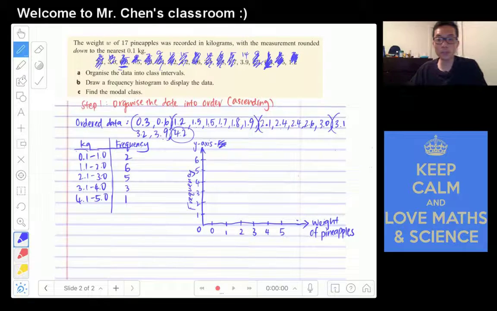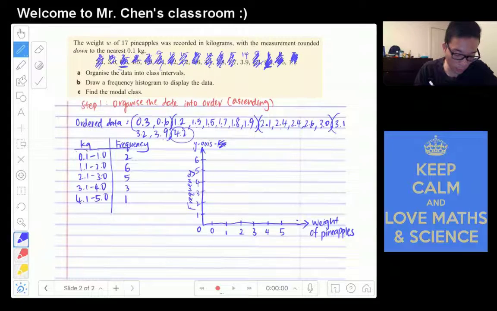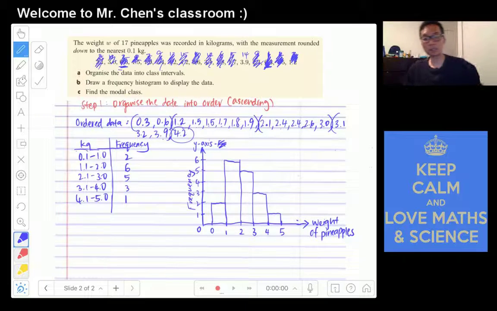You need to make sure you have enough numbers for the frequency, which I do here. From 0 to 1 I have 2, so all you need to do is 2. From 1 to 2 I have 6, so you just need to draw 6. 2 to 3 you have 5. 3 to 4 you have 3. And then 4 to 5 you have 1.